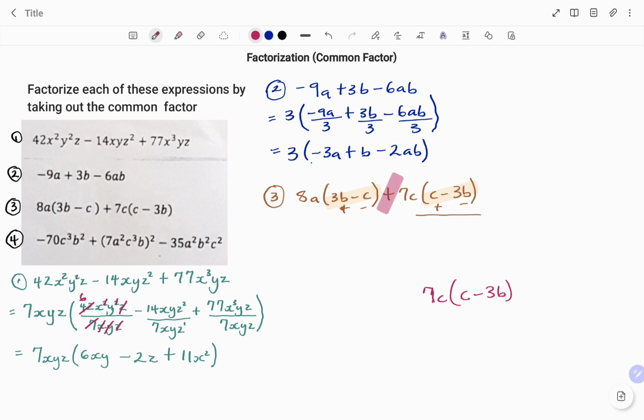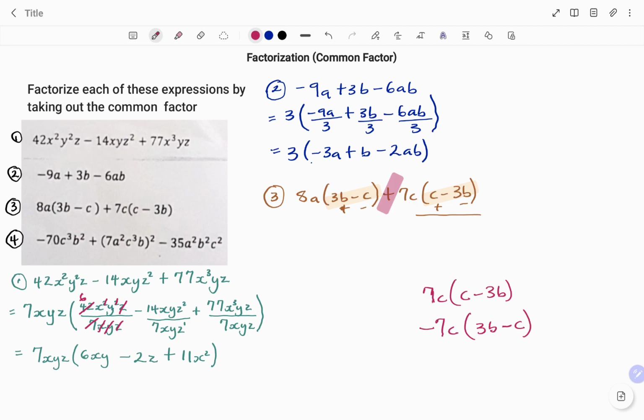I want to change the content of the bracket to 3b - c. That will be done by using -1 as a common factor. So as soon as I change my +7c to -7c, it alters the contents in the bracket. It makes my 3b positive, and makes my c negative.